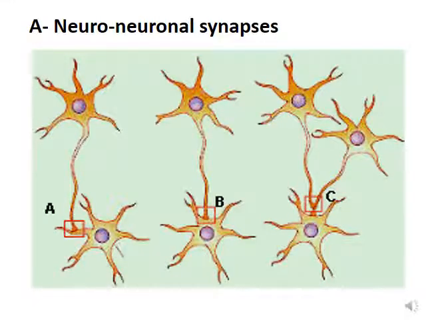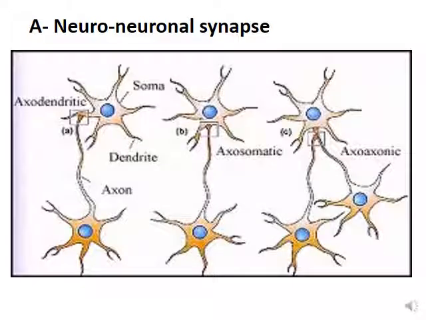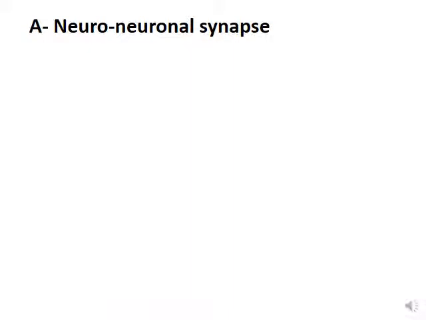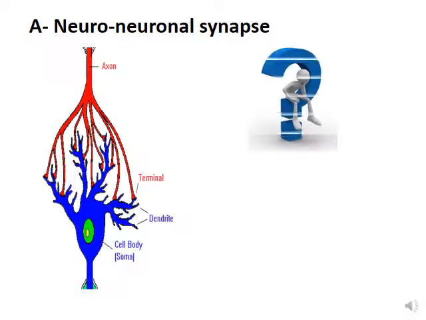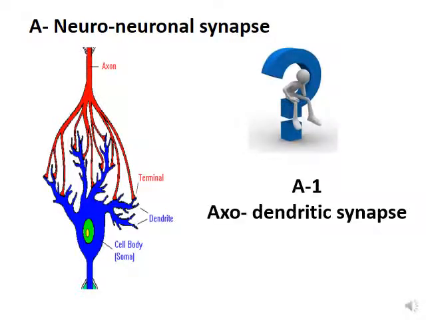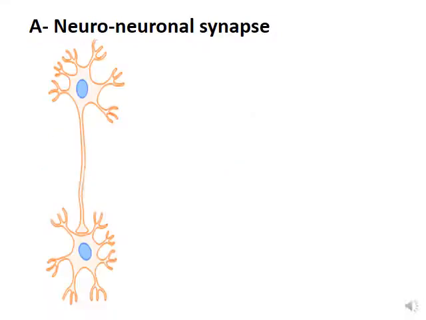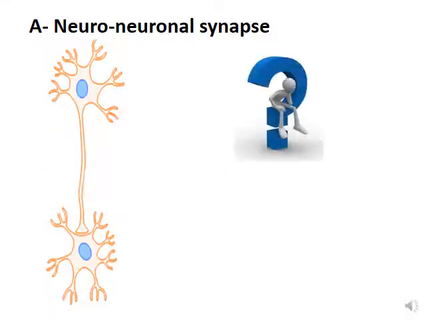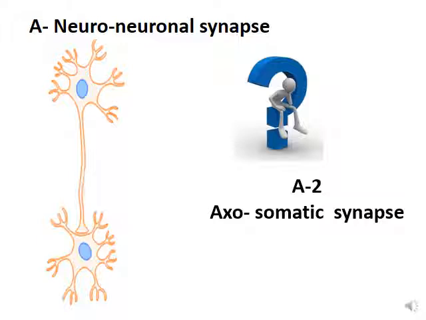Neuronal synapses, these are examples of them. Some neuronal synapses are also classified into different forms. Either they are called axodendritic, between the axon of the first neuron and the dendrites of the second neuron. Or they are called axosomatic, between the axon of the first and the soma of the second.